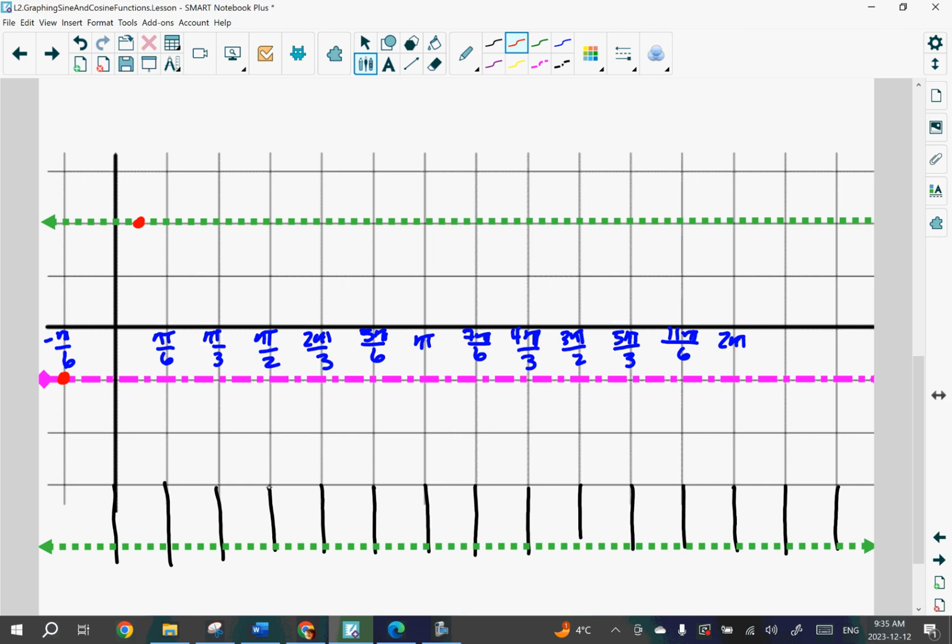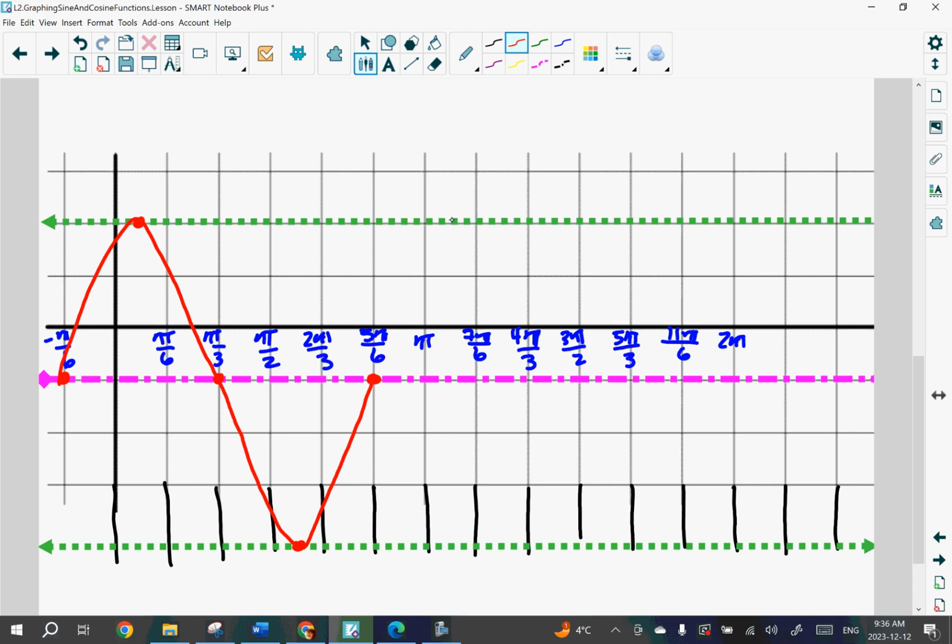So my pi over 2, which was in the middle, is going to move over 1. Then there was 1, 2, 3, right in the middle, it's going to move over 1. Then down there, it's going to move over 1. So there is the sine curve for one cycle, and now I've got to repeat it.